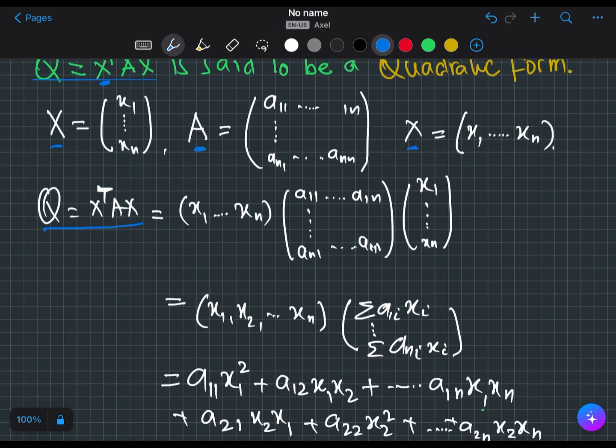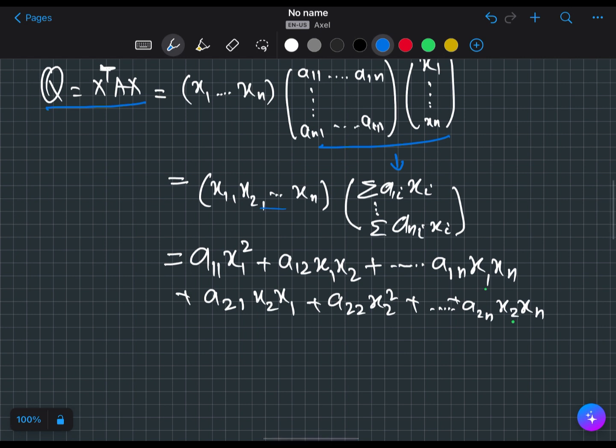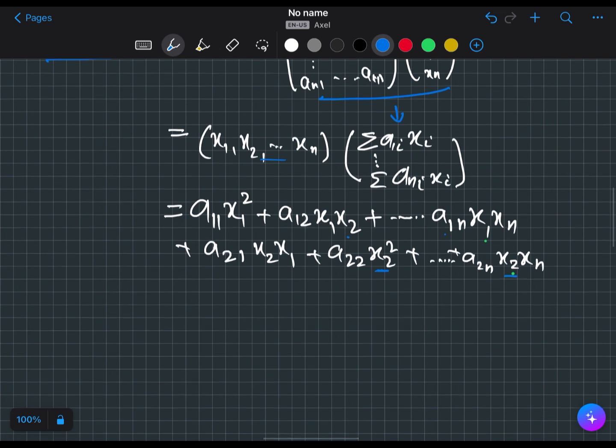So if I multiply these two first, I will have this, and then I can multiply with this vector, which gives me a11 x1 squared plus a12 x1 x2 plus a1n x1 xn plus a21 x2 x1 plus a22 x2 squared plus a2n x2 xn, and so on, which will be equal to the sum over i less than or equal to j of aij xi xj.